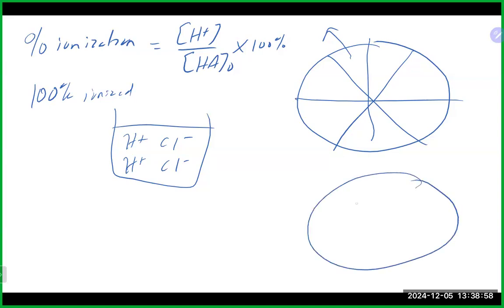But when there are only 2 slices of pizza left on the tray, you sneak one piece out of the way when nobody's looking, and you leave just one piece of pizza left. You're going to have now taken a greater percentage of what you started with, right? So you took 50% of what was there rather than maybe 1/8 of what was there, depending on how many pieces you have. So the larger the initial concentration of your acid, the little bit that comes off is not going to be a big deal. And that's why your assumption is 5% or less. If it's less than 5% of that, then it's all good.